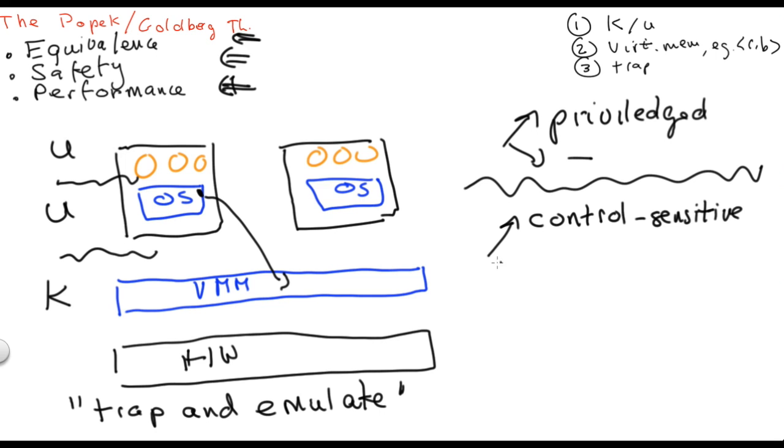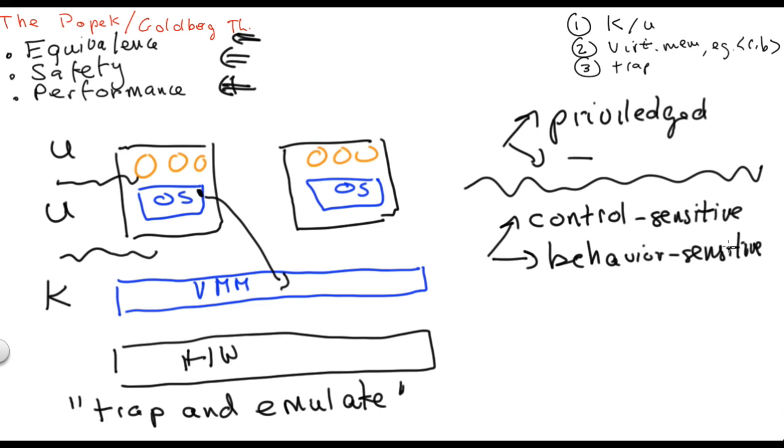The second class of instructions are known as behavior sensitive. So a behavior sensitive instruction is one whose semantic varies depending on the settings of the control registers without directly accessing them. So a classic example would be an instruction that returns the physical address of the given virtual address. If you think about this, this is simply a number.